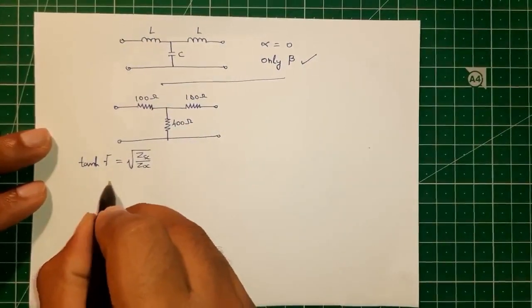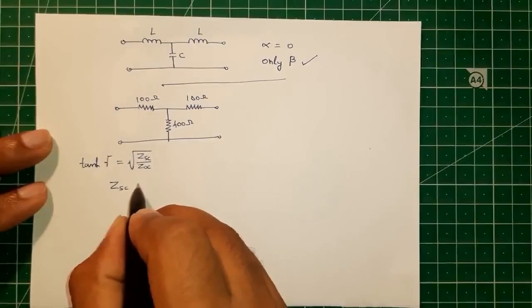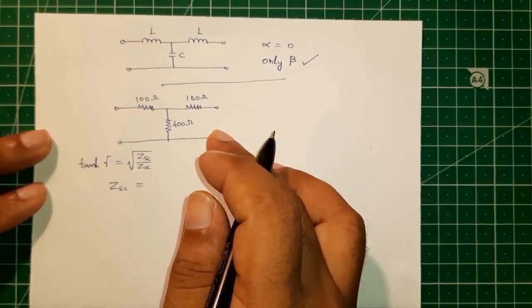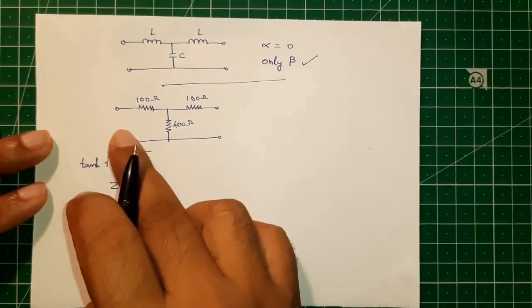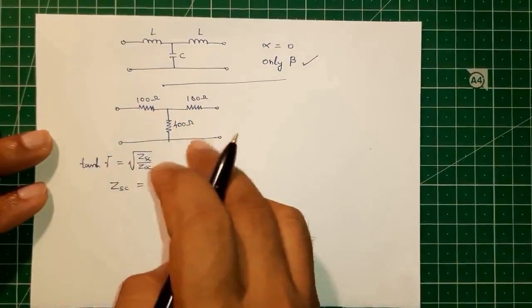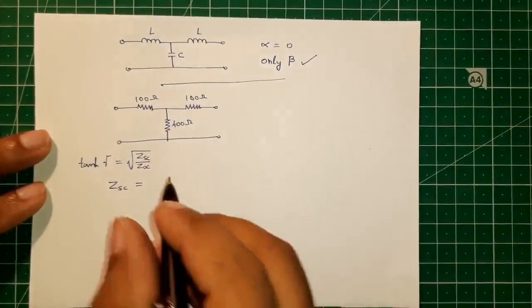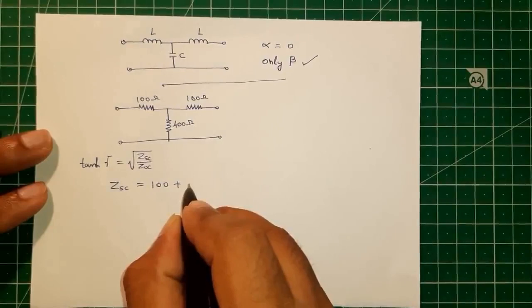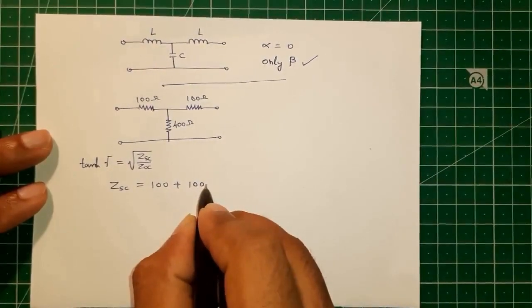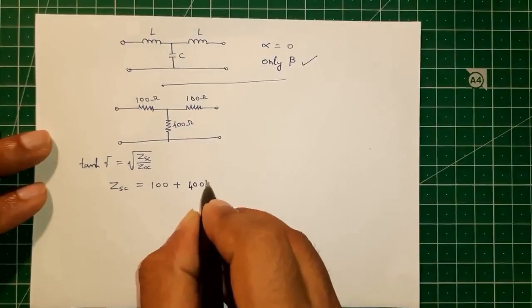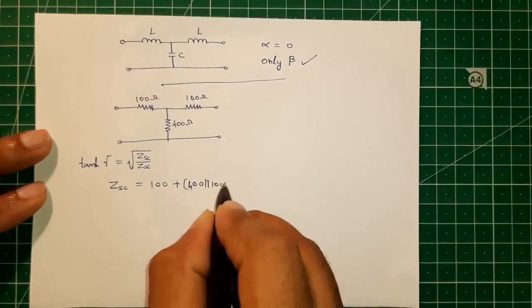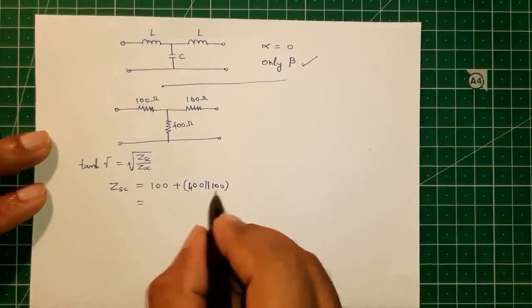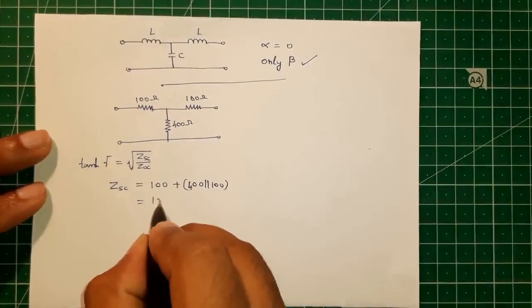So what is our short circuit impedance ZSC? We will short this end. So the net impedance will be this series arm in series with the parallel combination of 400 and 100 ohm. So ZSC is equal to 100 plus 100 parallel 400, which will evaluate to 80.